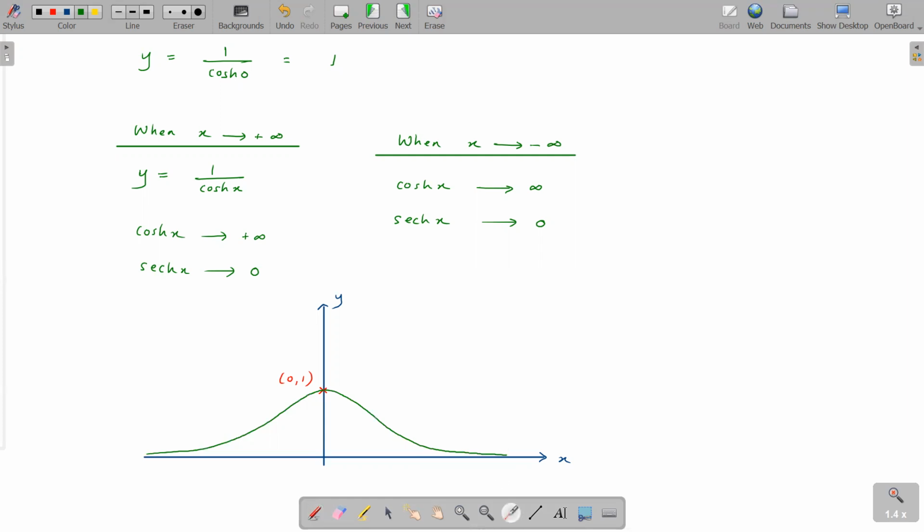It goes through this point, and as you reach positive infinity, the graph gets closer to 0. As you reach negative infinity, the graph again gets close to 0. So you satisfy all the conditions, right, guys?